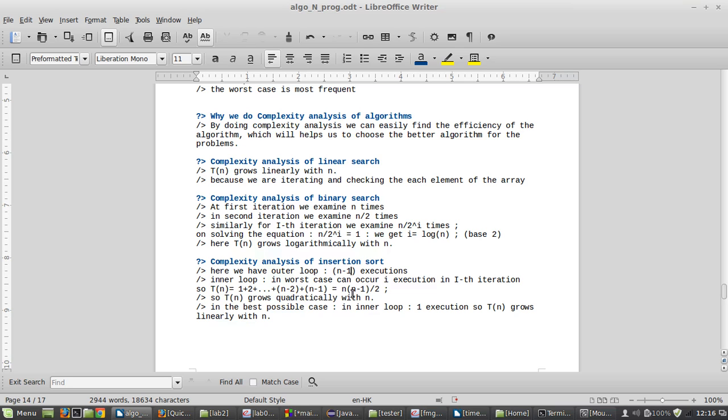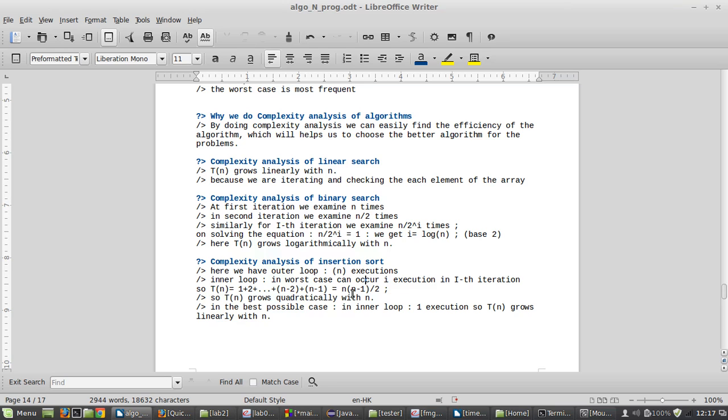For the outer loop, you have to execute n minus 1 times. That means the size of the problem is n minus 1 times, whereas for the inner loop, in the worst case, the iteration will also be n minus 1 times.